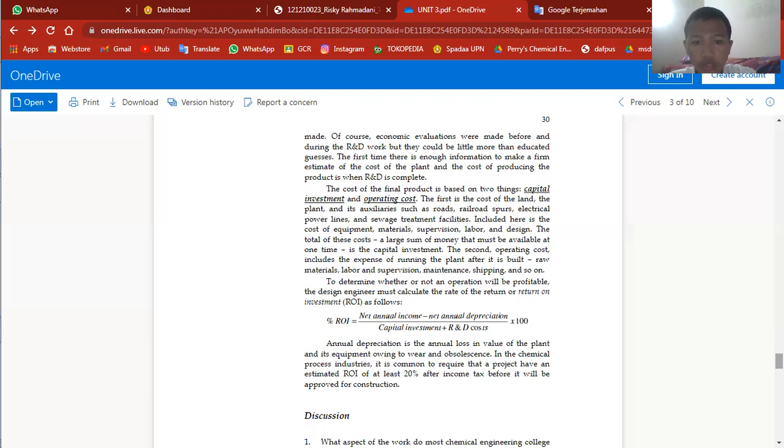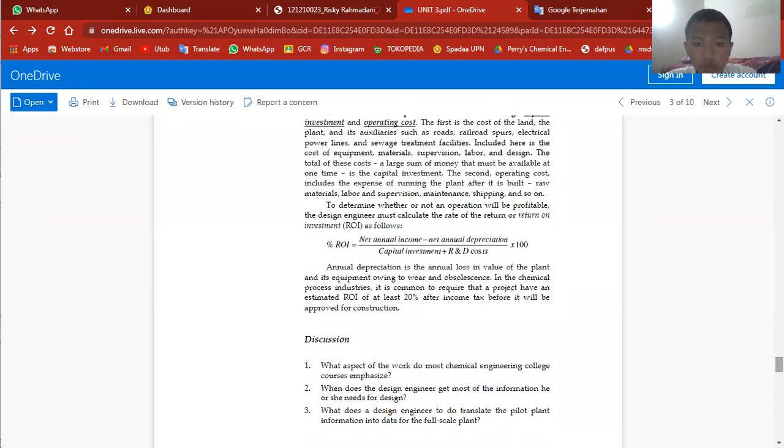Included here is the cost of the equipment, materials, supervision, labor, and design. The total of this cost, a large sum of money that must be available at one time, is the capital investment. The second, operating cost, includes the expense of running the plant after it is built: raw materials, labor and supervision, maintenance, shipping, and so on.